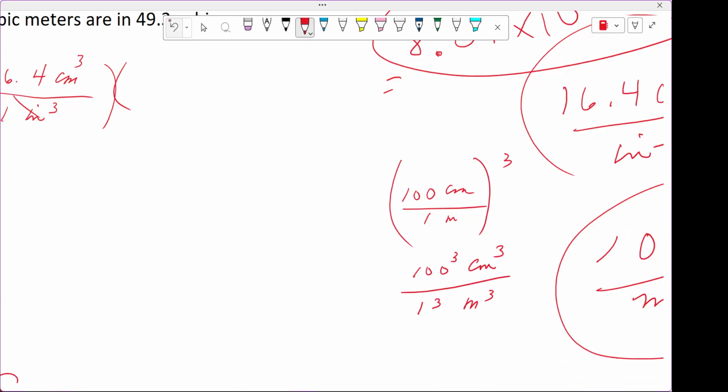What is 100 cubed? 100 cubed is 10 to the 6. Okay, so this will get us to cubic meters.